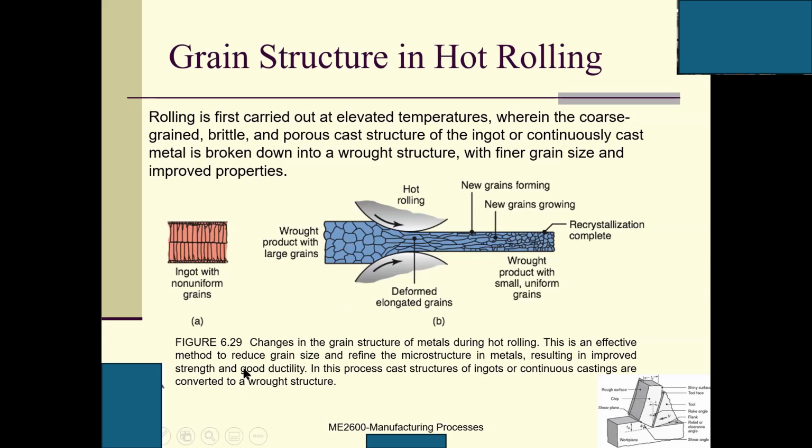We can refine the microstructure in metals, resulting in improved strength and good ductility, which is very good. In this process, the cast structure of ingots or continuous castings is converted to wrought structure. This one can be used and can be sold.